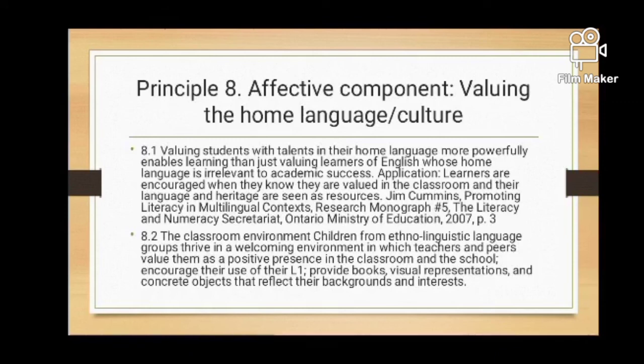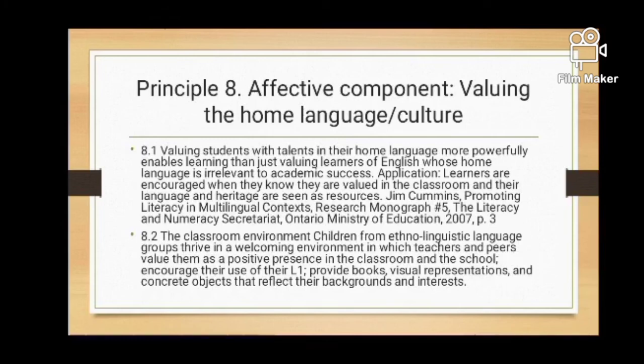Next is application. Learners are encouraged when they know they are valued in the classroom and language and heritage are seen as resources. So the learners are encouraged or motivated when the classroom setting is related or familiar to them.